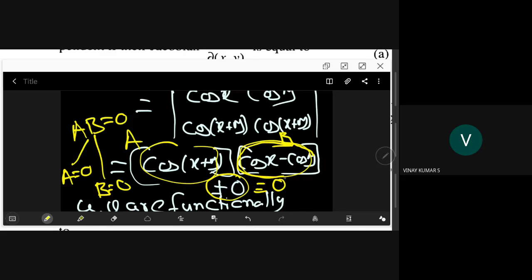If you take x as 0 and y as pi by 2, this becomes cos pi by 2, which is 0.